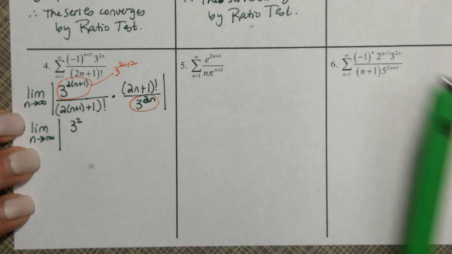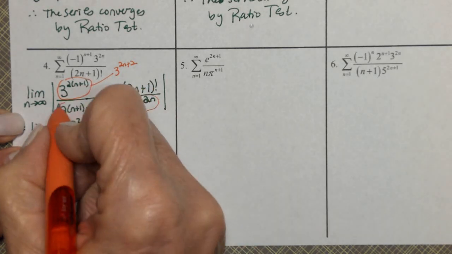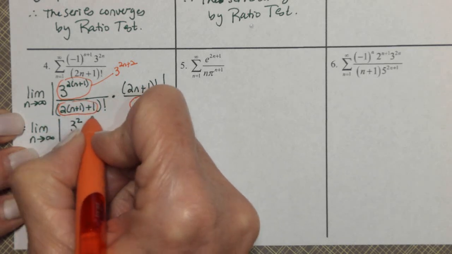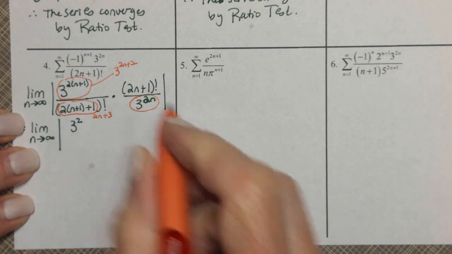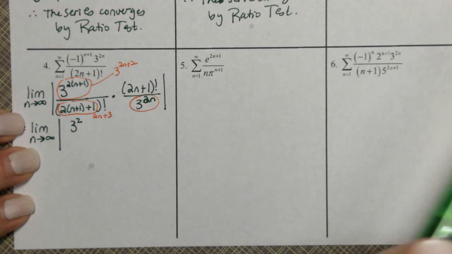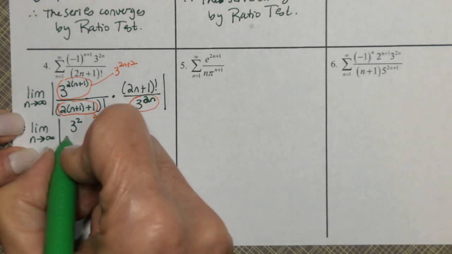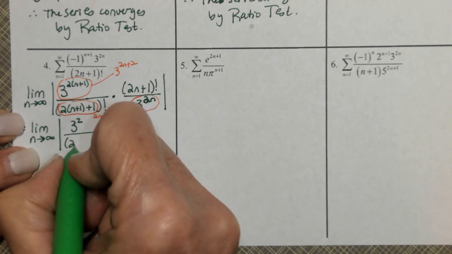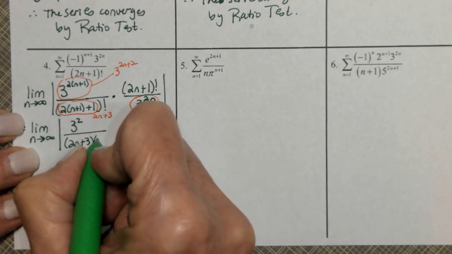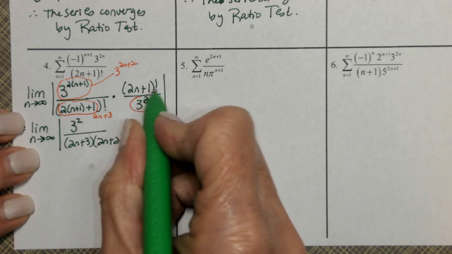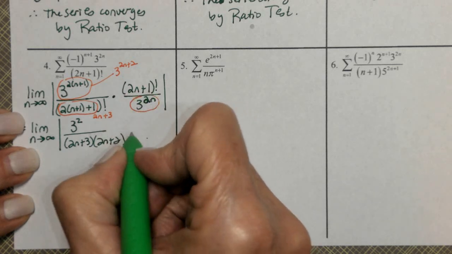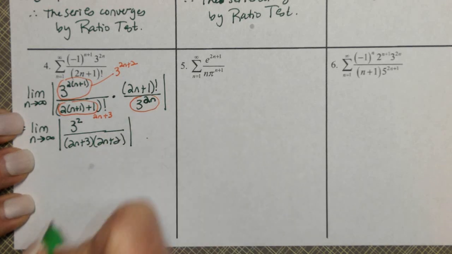Down here, this is 2n plus 2 plus 1, so that is 2n plus 3 factorial. How does that reduce? Well, it reduces leaving a 2n plus 3 times 2n plus 2. The next one would be 2n plus 1, but that's going to reduce with everything on top. So that is how that reduces.